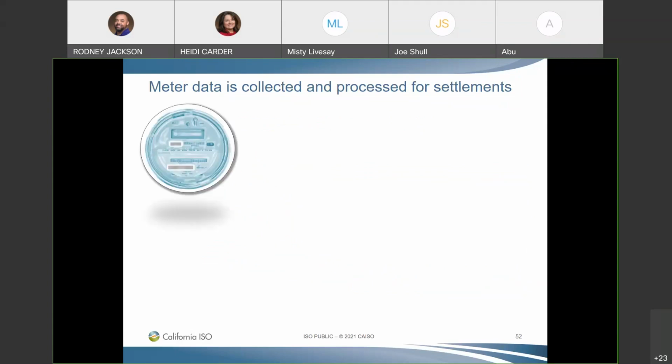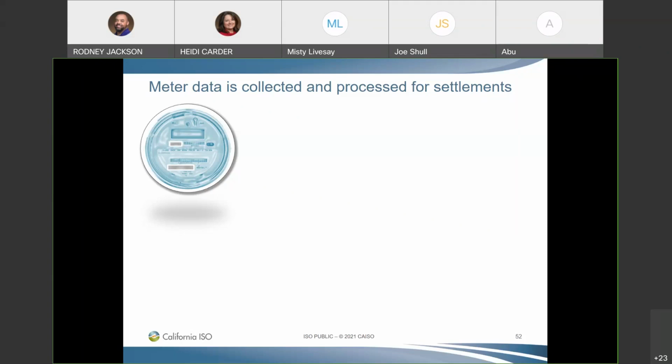Now, one of the most critical data pieces to the settlements process is the actual meter data, because it tells us what actually happened in the real-time flow of energy. Meter data is used for billable quantities to represent the energy generated or consumed during each settlement interval. Meter data is collected in one of two ways. The meter can be directly pulled by the ISO or sent in by the SC for the purpose of reporting the actual performance of the resource.